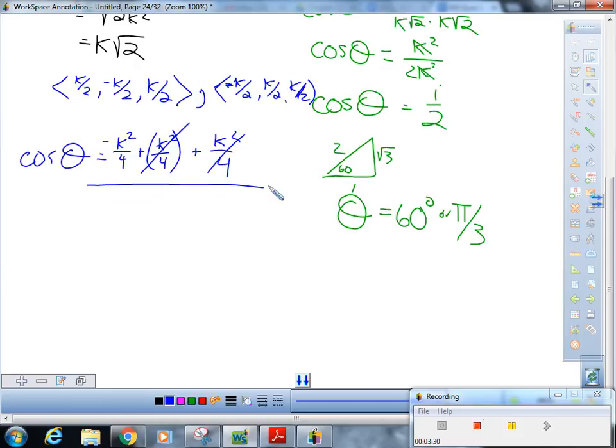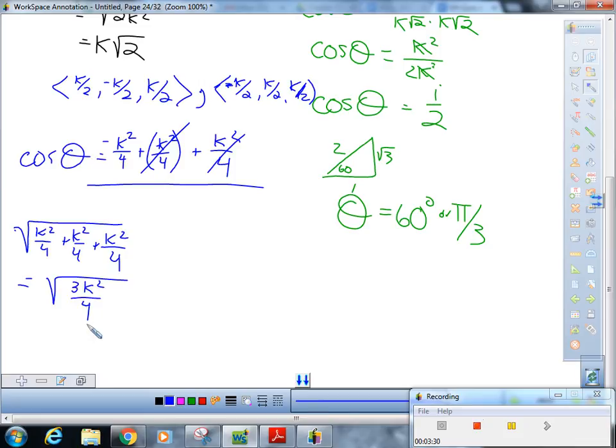And then the magnitude of those will be the square root of k squared over 4 plus k squared over 4, which is the square root of 3k squared over 4.